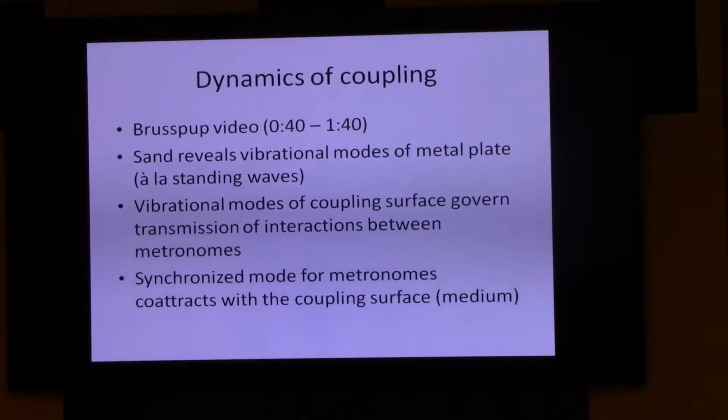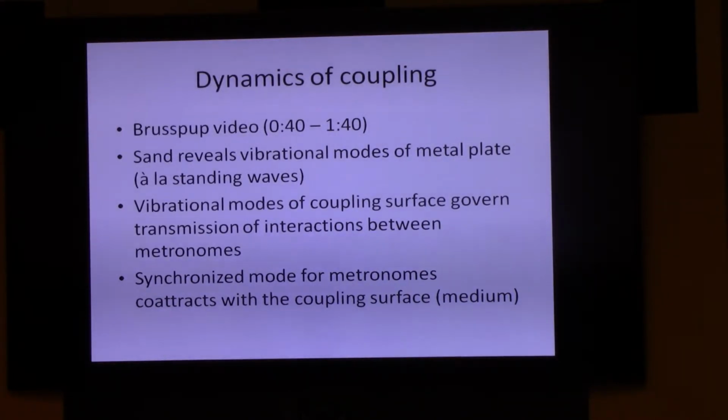Synchronized, we look at the metronomes and we say that they synchronize, and it seems mysterious, but I think including the coupling surface in the dynamical system and understanding that there is an attractor or a preferred mode in the actual oscillations as they travel in the surface on which the metronomes rest, that's part of the attractor.